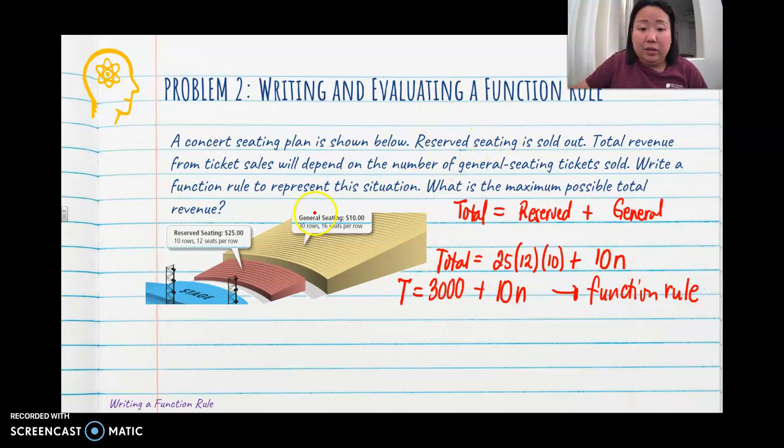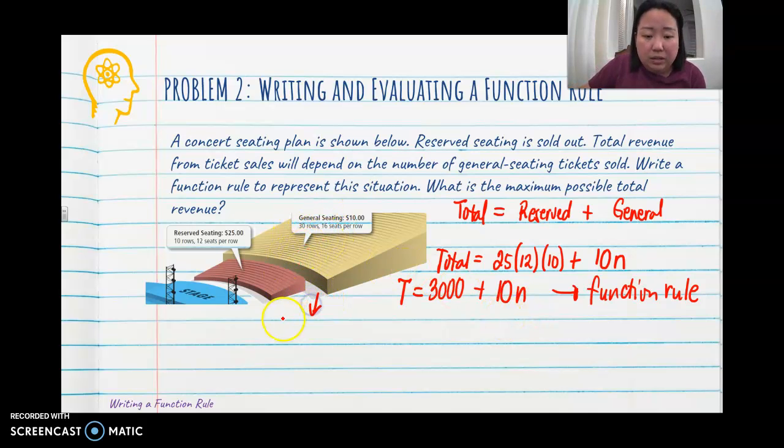Now, to answer the next part of the question, if we would like to have the maximum possible total revenue, so if all the general seating is sold out as well, how much is the total revenue? What is the total number of seats in the general seating?